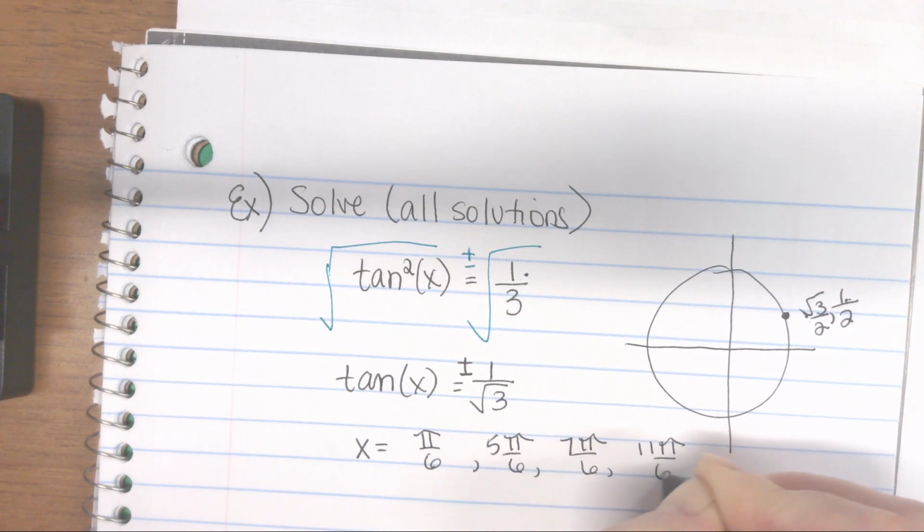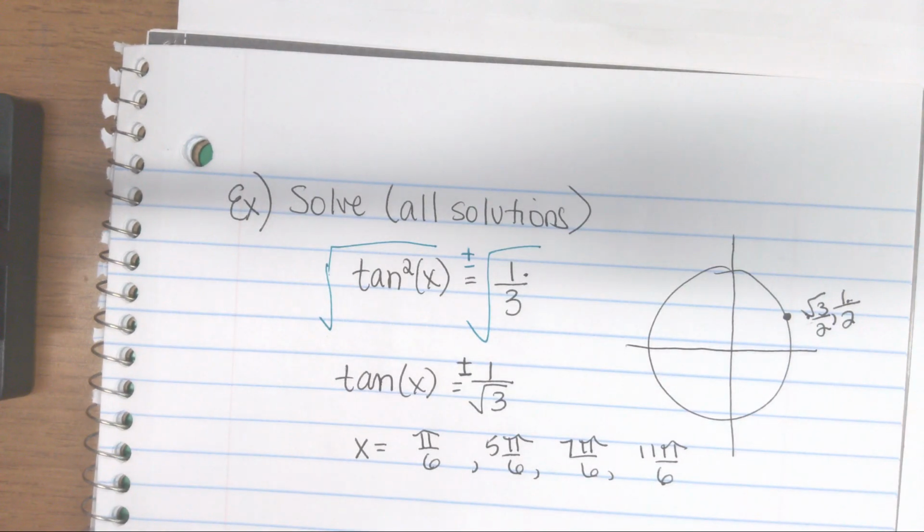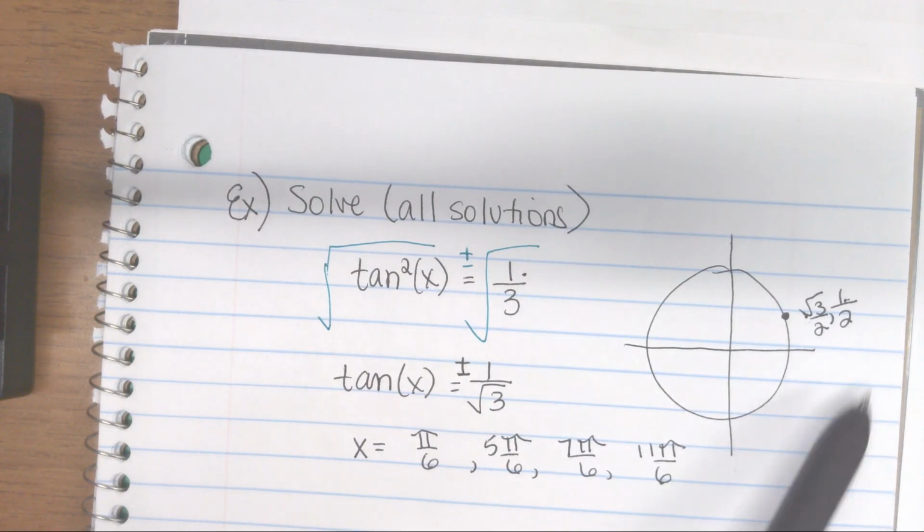And then here, now I'm going to tell you how you address all solutions. It's super easy actually. How often do these repeat? If I wanted to go around again, wouldn't that happen after 2 pi?